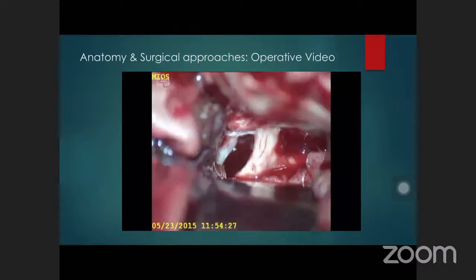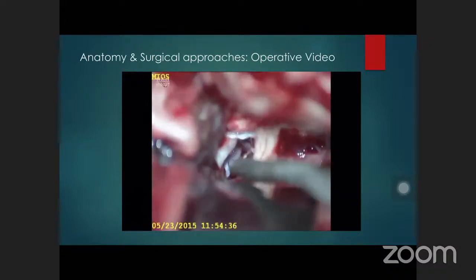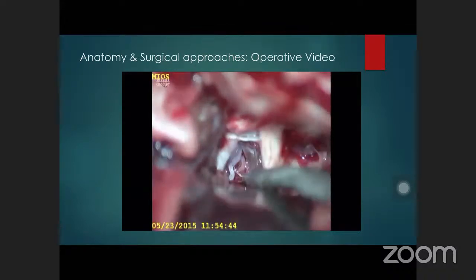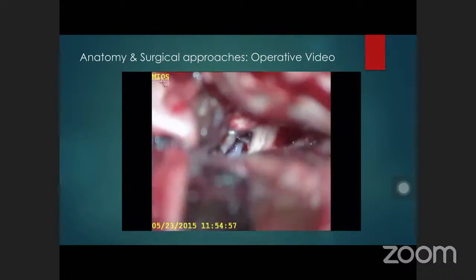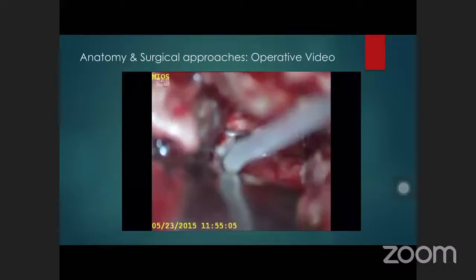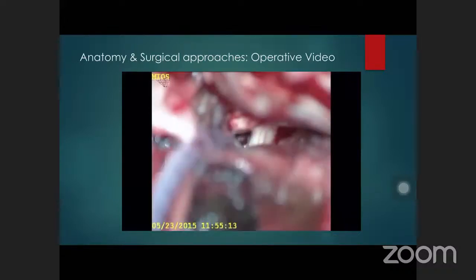Pituitary stalk also can be seen. Carotid, opticocarotid, that's the basilar artery, clearly seen. You can see even there is tachycardia for this patient. Put in your drain, come out.